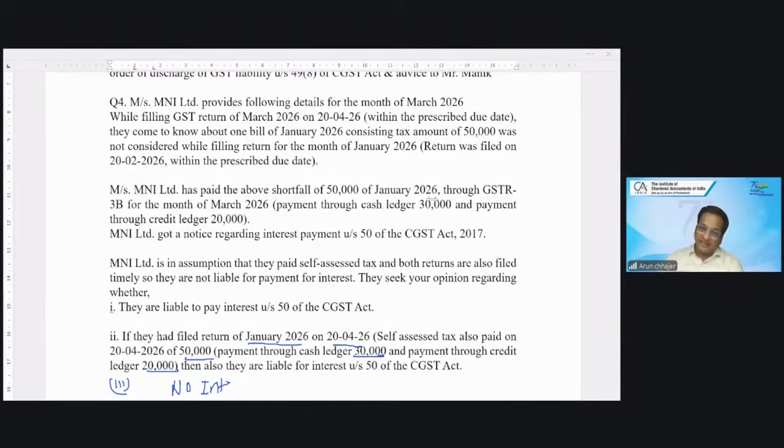Yes, Abhimanyu is right. Now you all can say absolutely Arun, right Mithila? If this cash was deposited on or before 20th Feb 2026, that is, if this cash had also been deposited before the due date and is being used on 20th April, will there be any interest on this cash portion also?